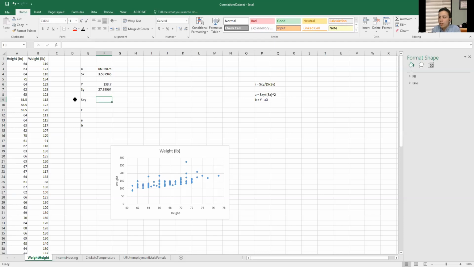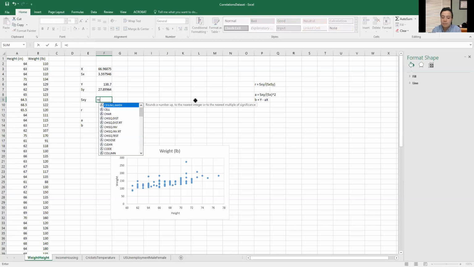Okay, so for the covariance over here, it's really simple. Excel also has a function for this. You have to write equals, and then covar, and it appears over here. So covariance dot S, open bracket, and then we're going to have the first array.